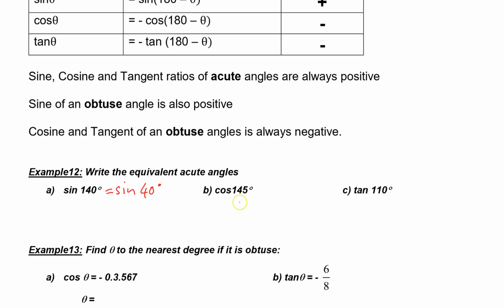Now, the cos of 145 is going to be a negative number. 145 plus 35 adds up to 180, so the supplement is 35 degrees, and this is equal to the negative cos of 35 degrees. Confirm that on your calculator if you like: cos 145 minus negative cos 35 should be equal to 0. Tan is also negative: tan 110 is equal to the negative tan of 70.